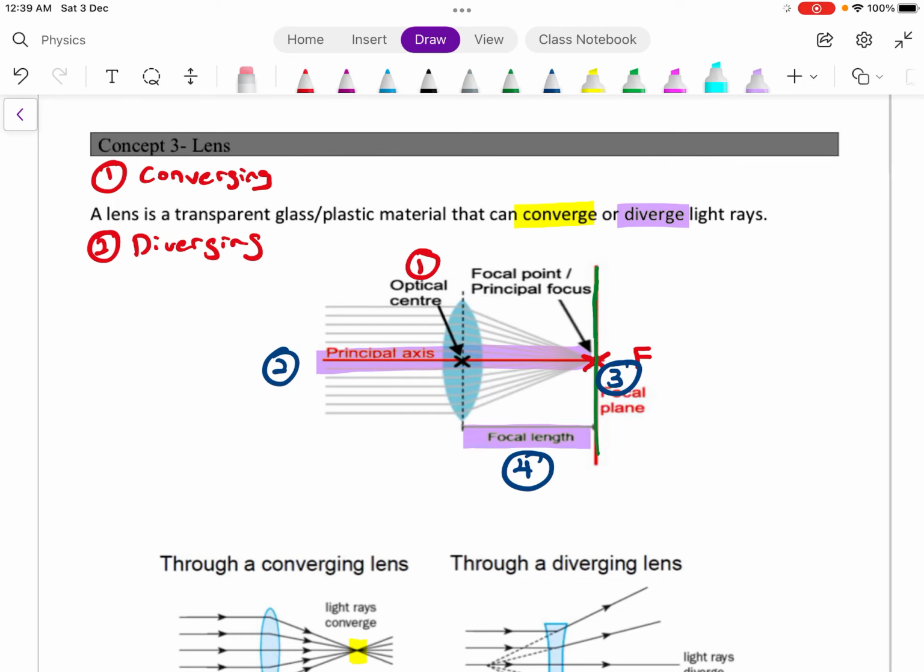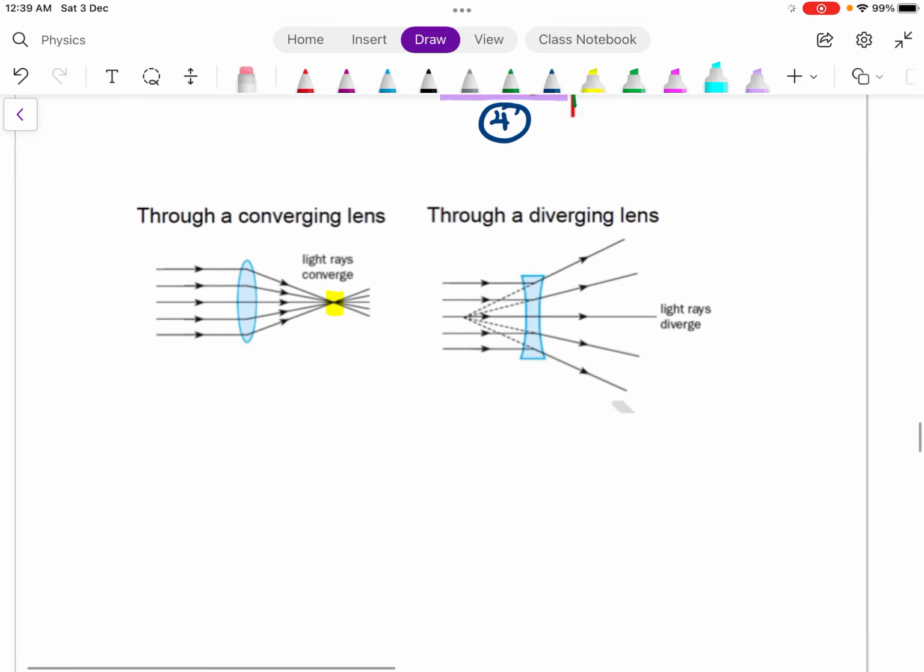Okay, so let's see how light travels after it enters a converging lens and diverging lens. So for converging lens, the light will converge to a single point. So this is known as your converging lens. And of course, for the diverging lens, the light will diverge. So later we will see how the light diverges.